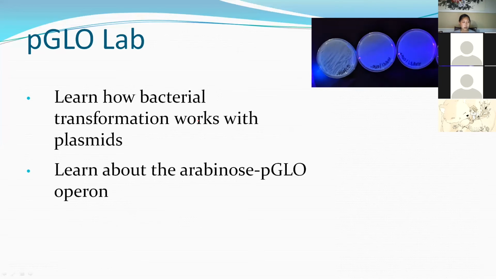So we learned how bacterial transformation, which is how bacteria take up DNA from their environment, works, and then learned about this specific operon, which is why this thing will glow. So here's a picture from the lab that we did.